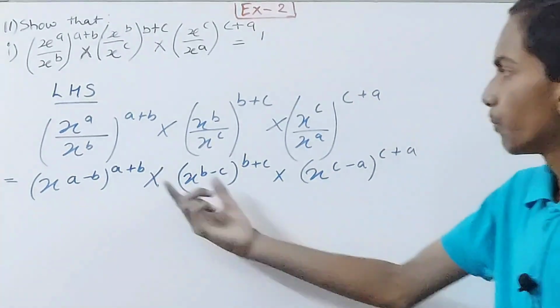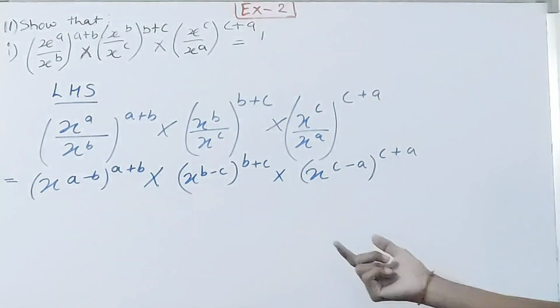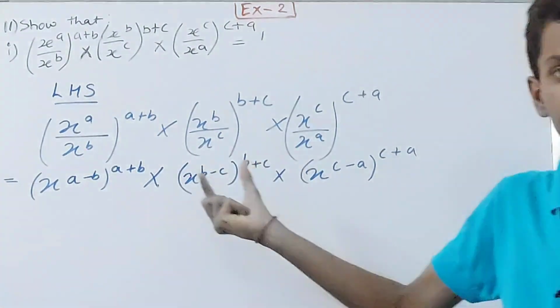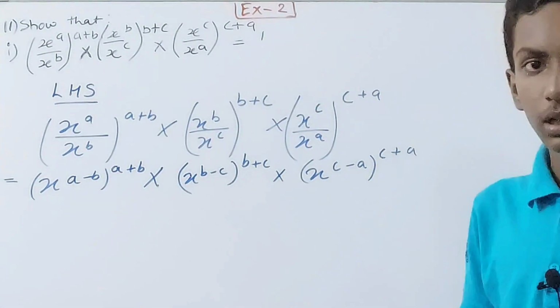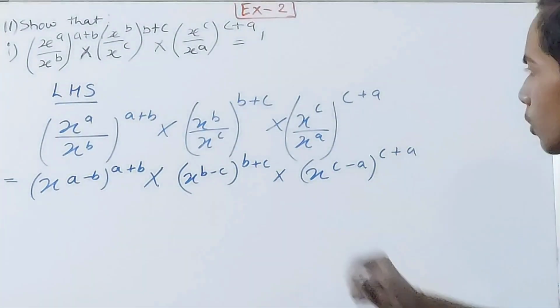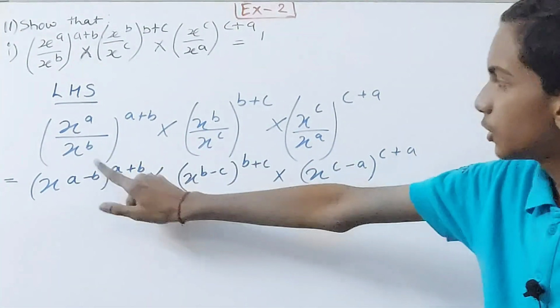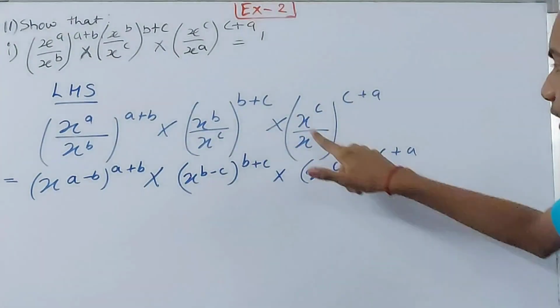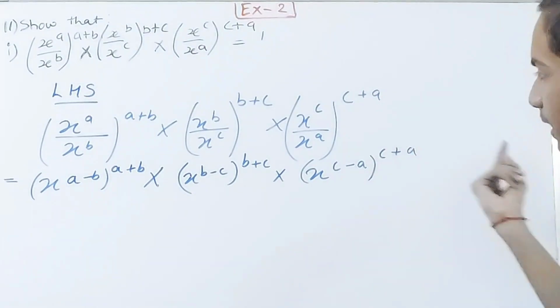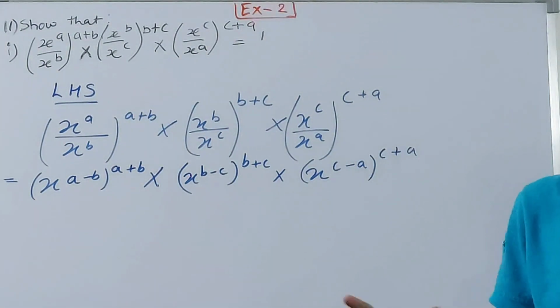Alright, you can see everywhere I have used the law of division, which says we have to subtract the exponent in the denominator from the exponent in the numerator. So x to power a minus b, x to power b minus c, x to power c minus a, and already it had some exponent, so I have written that. Next step is opening the bracket.